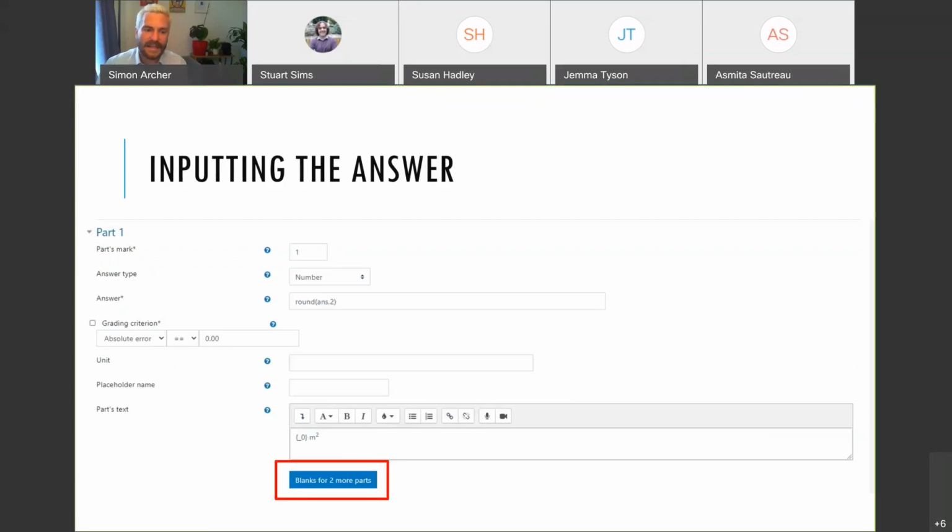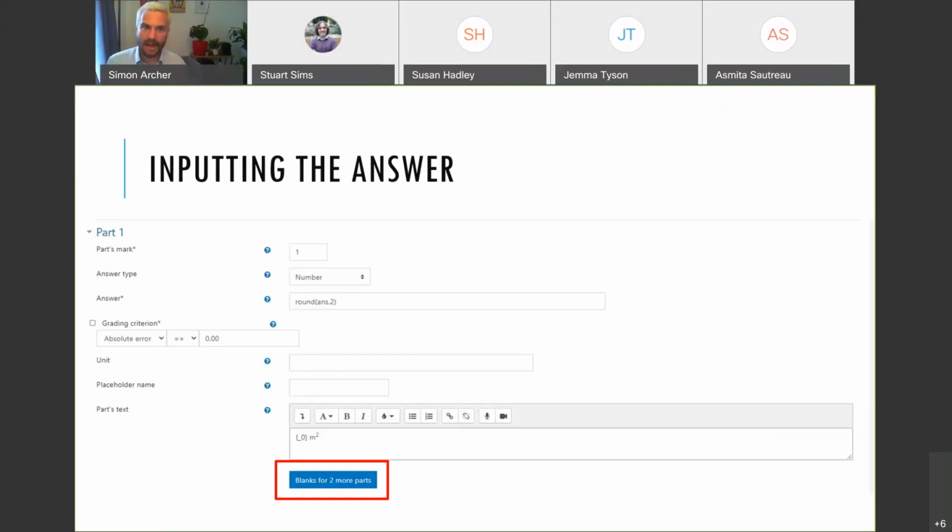All I've done is, in my fields here, I've put answer. This is the answer here. Now, if I just put answer in there, it would assume that I wanted it to be to an unlimited number of decimal places. So if the answer was 1, it would accept 1. But if the answer was 1.23456789, it would expect the student to put in that answer to 8 decimal places, which we don't want.